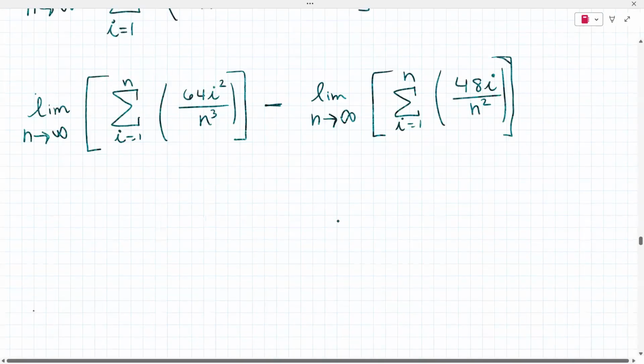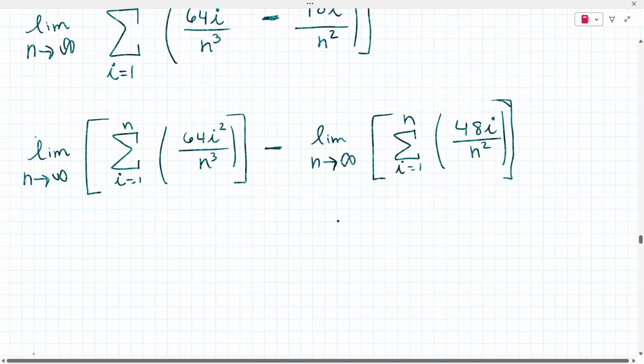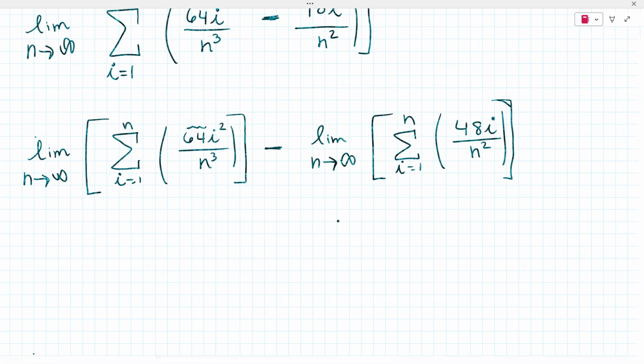On this summation, you have a constant of 64. According to the rule, you can take out that constant and put it in front of the limit. Also n cubed is a constant, because if n was 1 or 2, 1 cubed is 1, 2 cubed is 8, and 8 is a constant, 1 is a constant, so you could take that out.